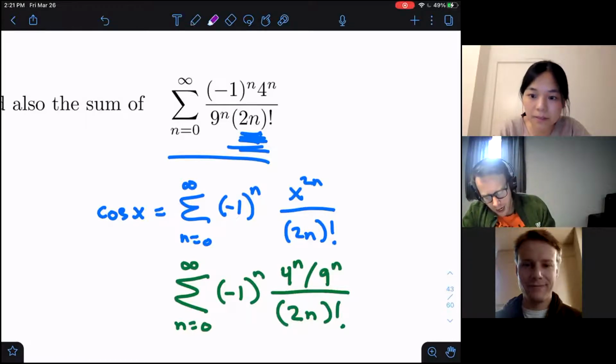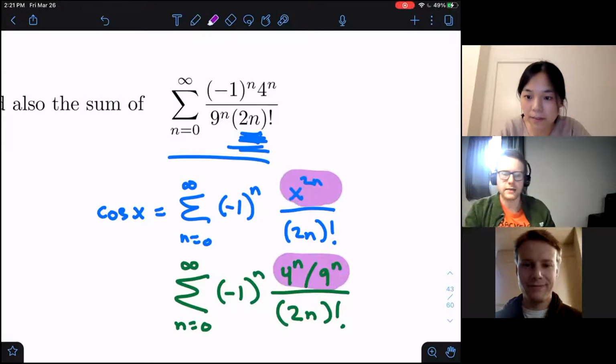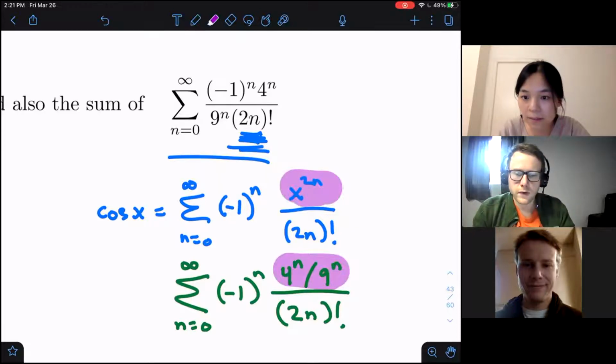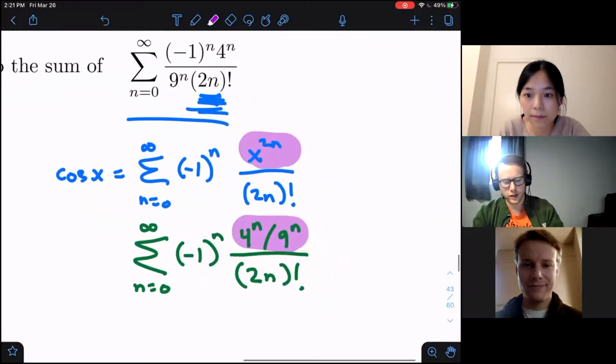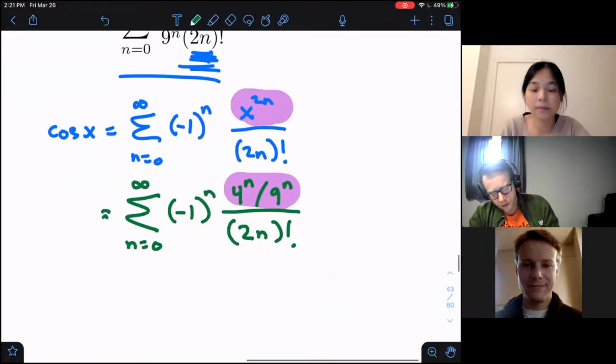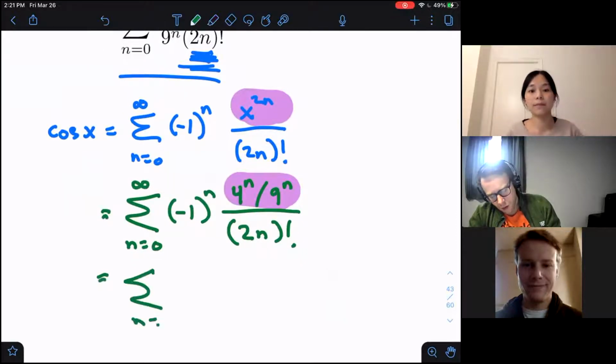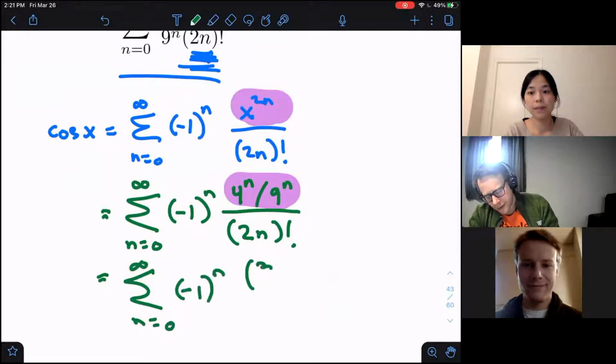So the question is, how can I write this as this? I need something that when I raise it to the 2nth, we get 4 to the n divided by 9 to the n. And yeah, I already see it here in chat a few times, that if you go ahead and spend one more line here, -1 to the n, you could write this as 2/3 squared.